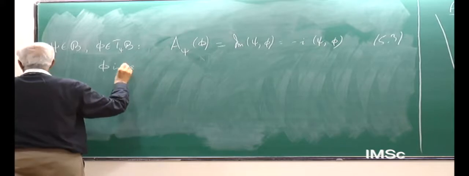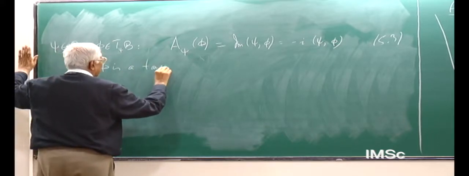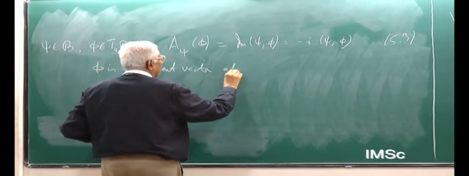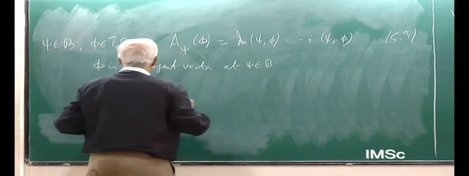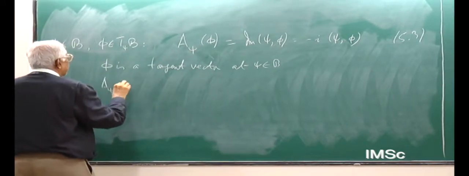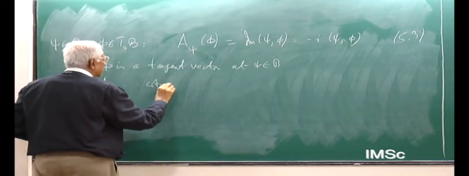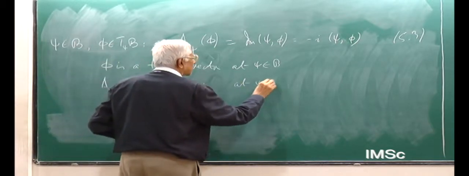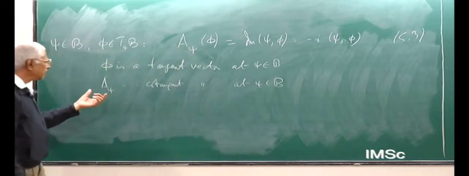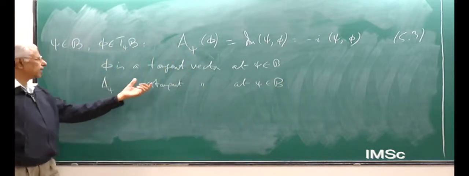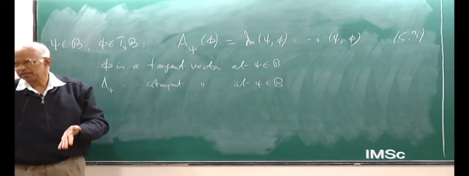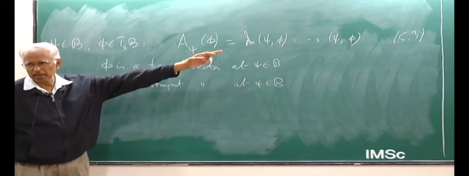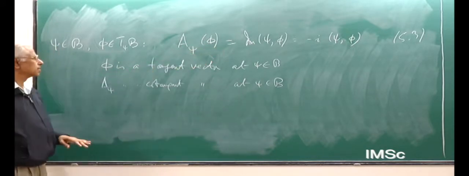Phi in this context is a tangent vector at psi, and A psi is what is called in this differential geometric language a cotangent vector at psi in B. The cotangent vector is nothing but a linear functional on tangent vectors, something which assigns to every tangent vector some real number in a linear fashion.